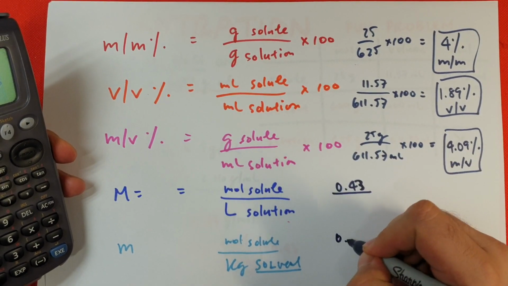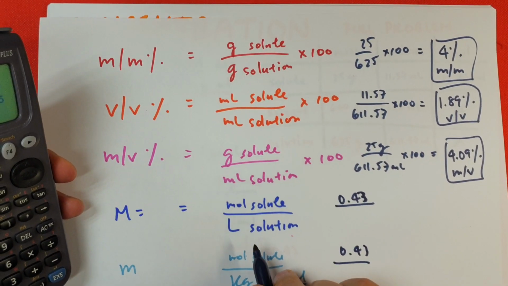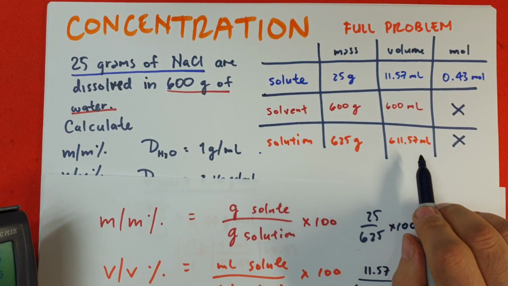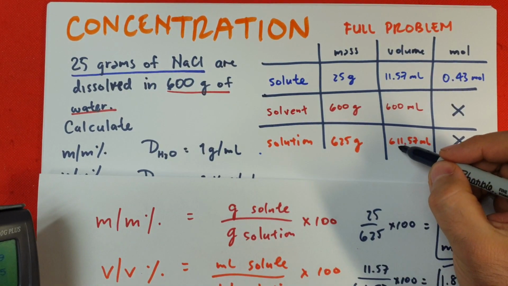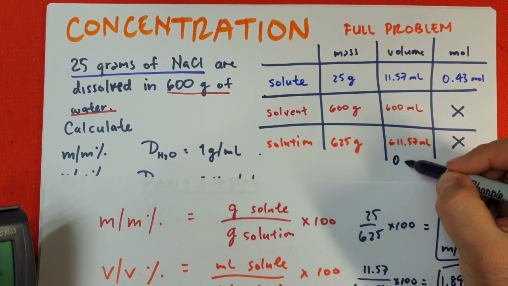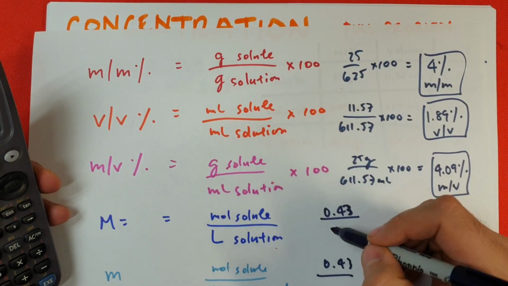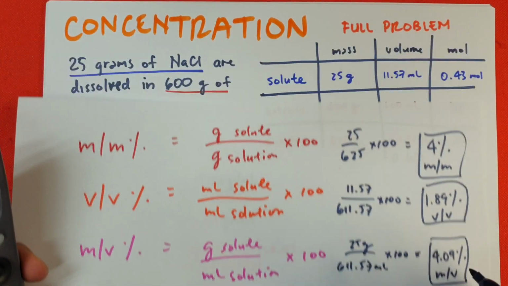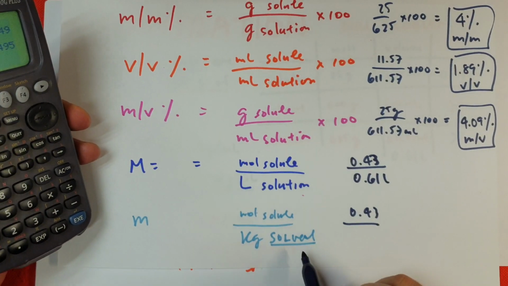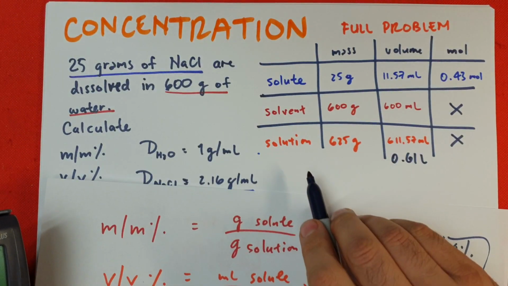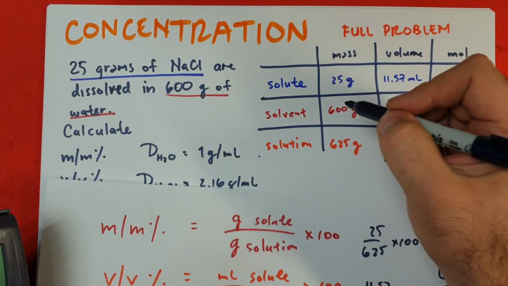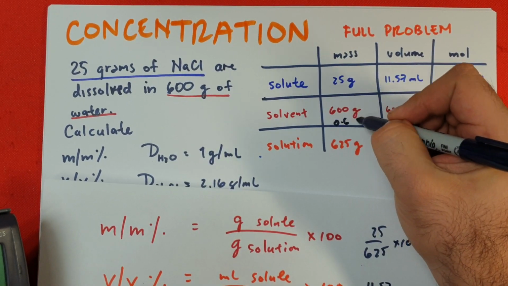Last but not least, moles of solute, 0.43, is going to be helpful for both molarity and molality. Liters of solution we don't have, but we can just move the decimal 1, 2, 3 spots, so it's 0.61 liters. For kilograms of solvent, 600 grams is 0.6 kilos.